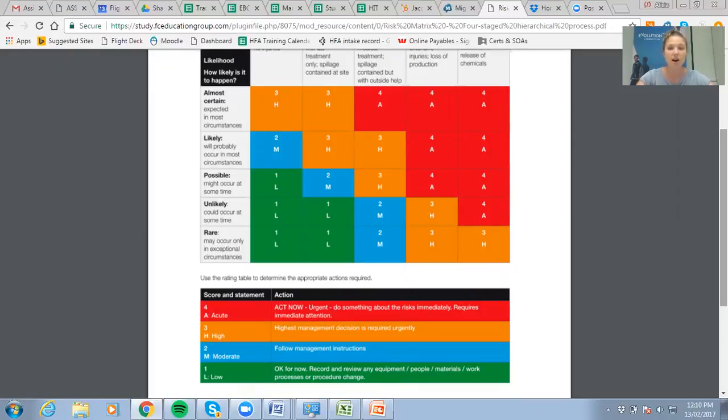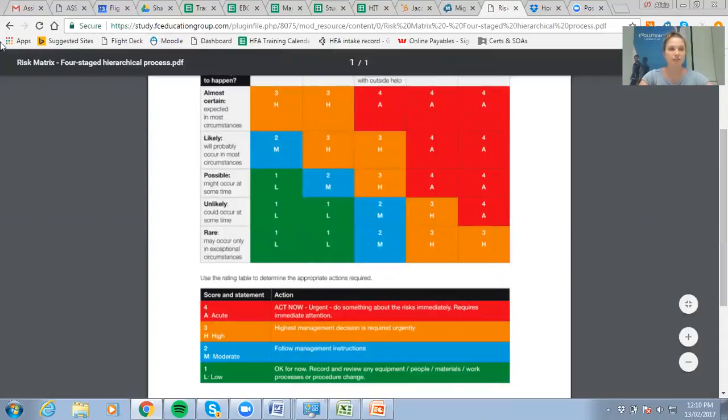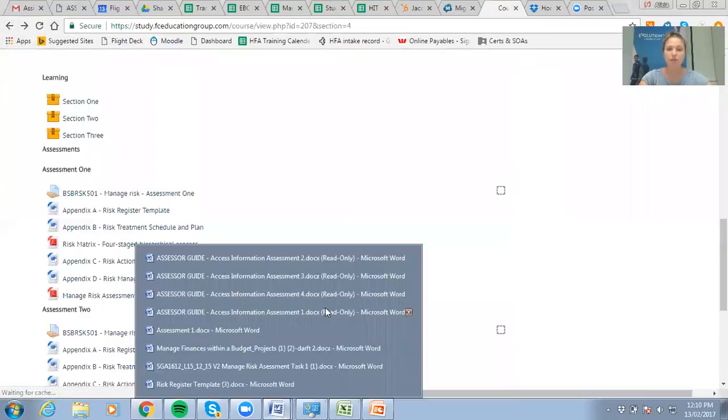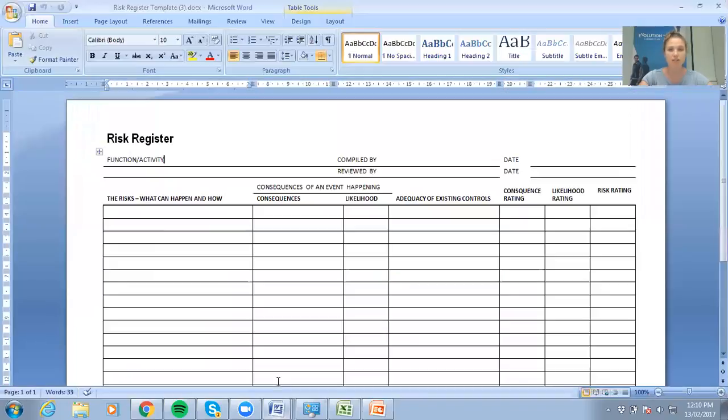Is it 3 high, being that this is quite a severe risk that could happen, needing a lot of high management around it? Or is it 4 acute? Okay, something needs to be done. We need this risk attended to immediately. Okay, so use this risk table here for you to complete this last column of your risk register.